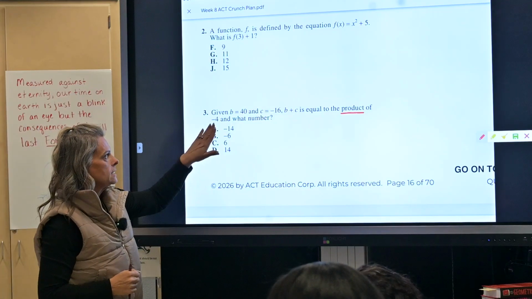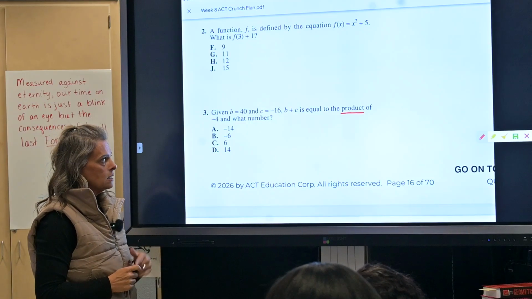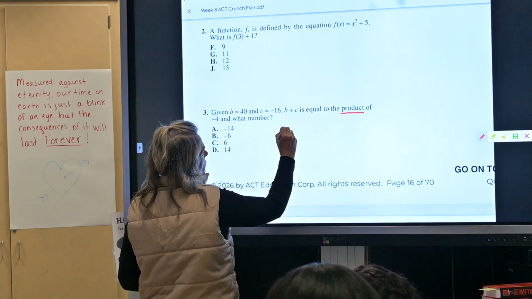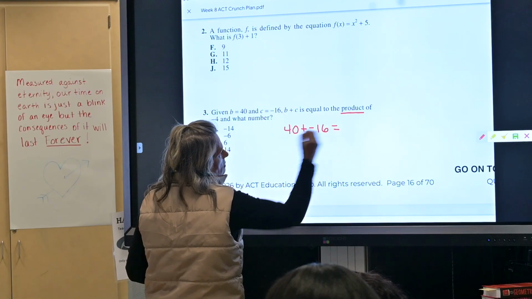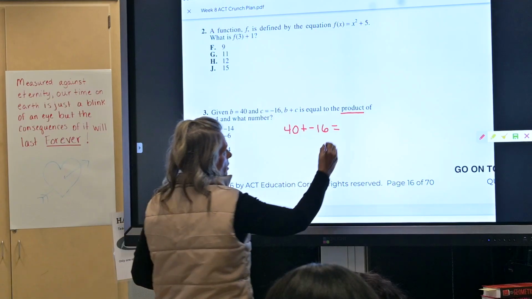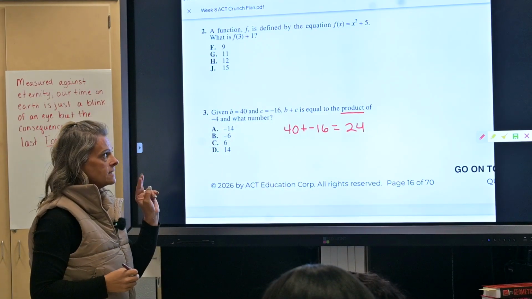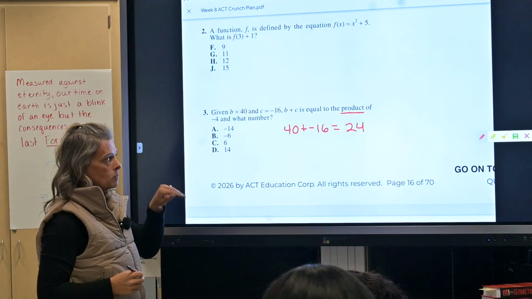So it says, given that B is 40 and C is negative 16, B plus C, so we're going to do that first. So B plus C, so 40 plus negative 16, okay, it's 24. Then it says that is equal to the product of negative 4 and what number?